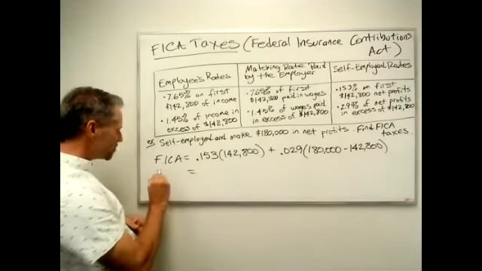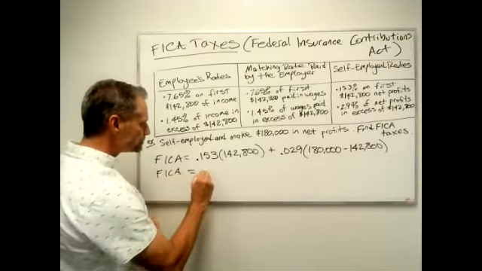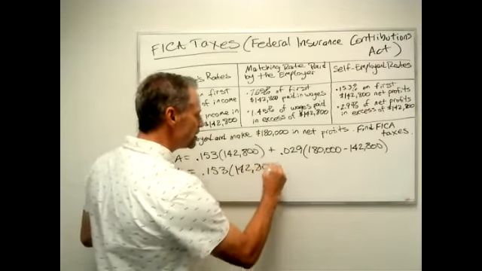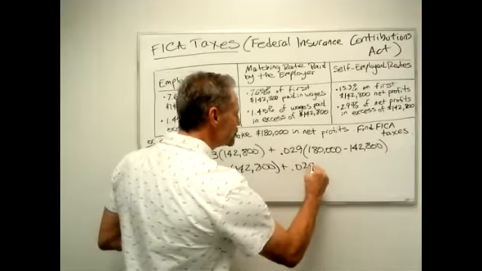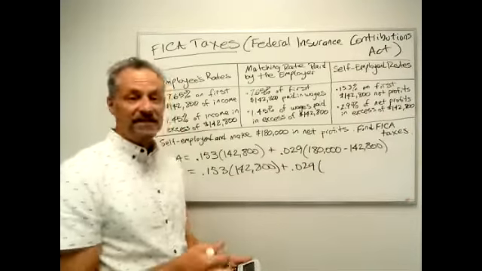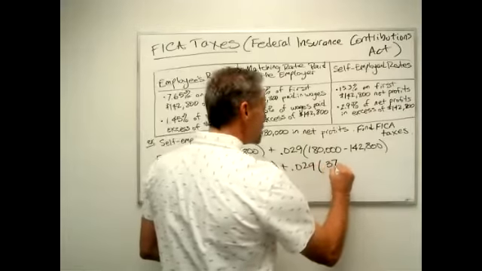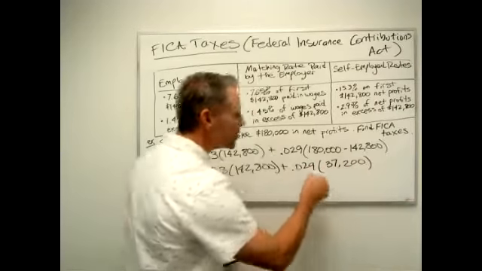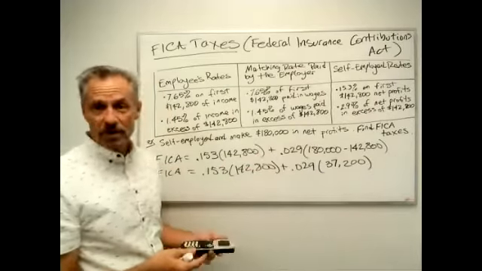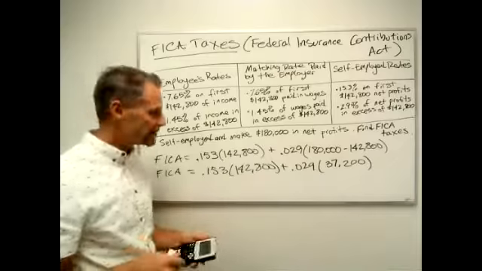So this comes out, and we'll say FICA again, 0.153 times 142,800 plus 0.029 times this, which comes out to $37,200. So on the extra $37,200 we made over the 142,800, we're going to have to pay 2.9%.